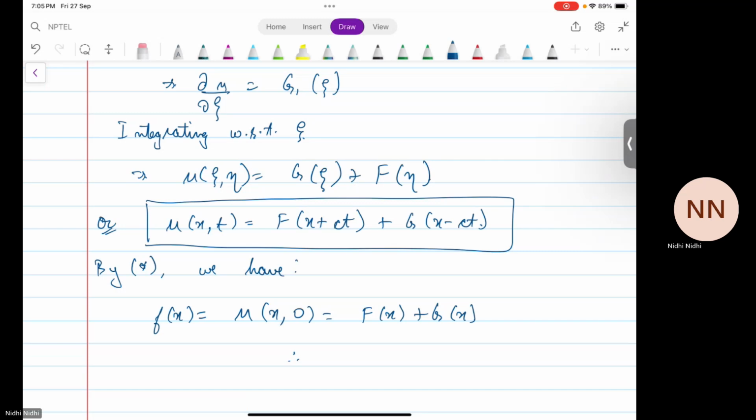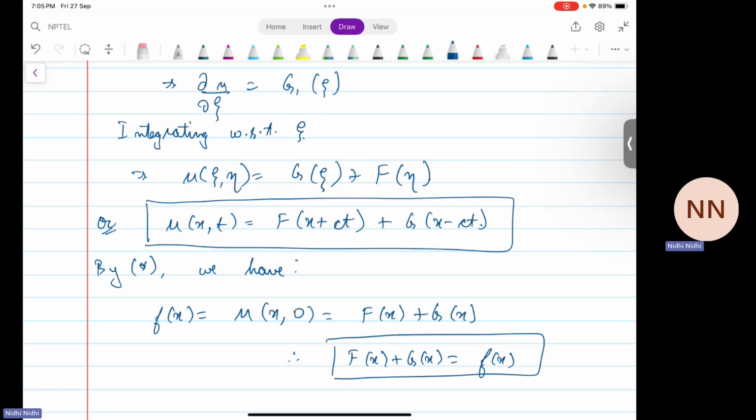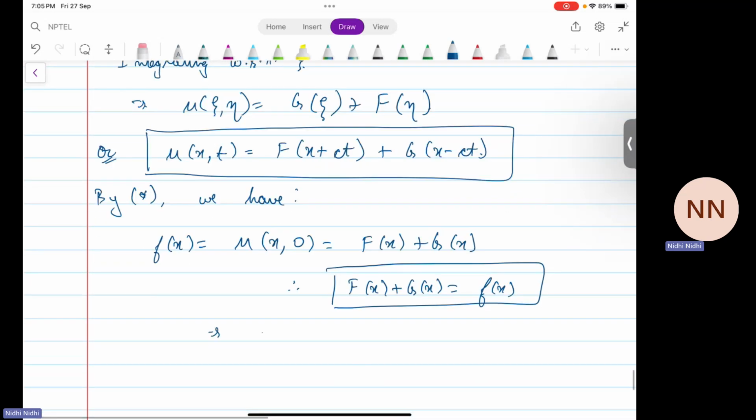Therefore, we have f of x plus g of x is equal to small f of x. Moreover, this will give us f dash x plus g dash x is equal to f dash x. Let's number this as 1, this as 2.